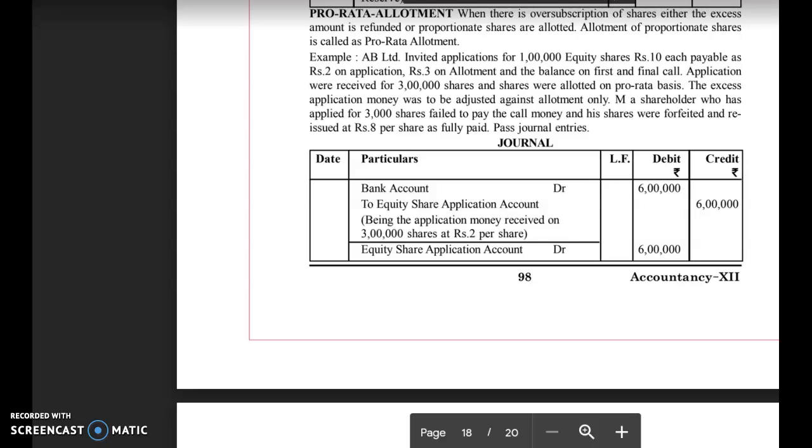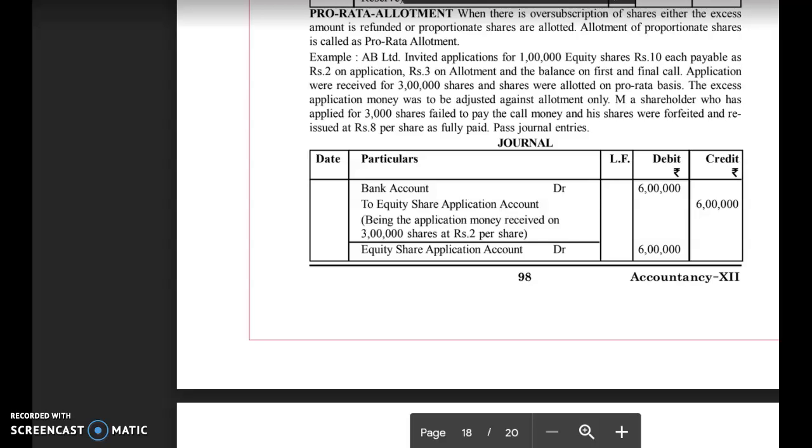And the issue is oversubscribed how many times? It is oversubscribed 3 times. Company invited applications for 1 lakh shares and applicants applied for 3 lakh shares. Now, the company had made pro rata allotment. Pro rata means proportionate allotment.